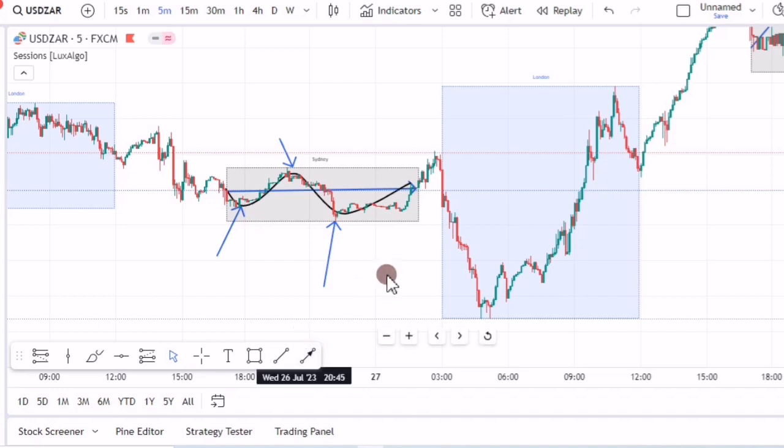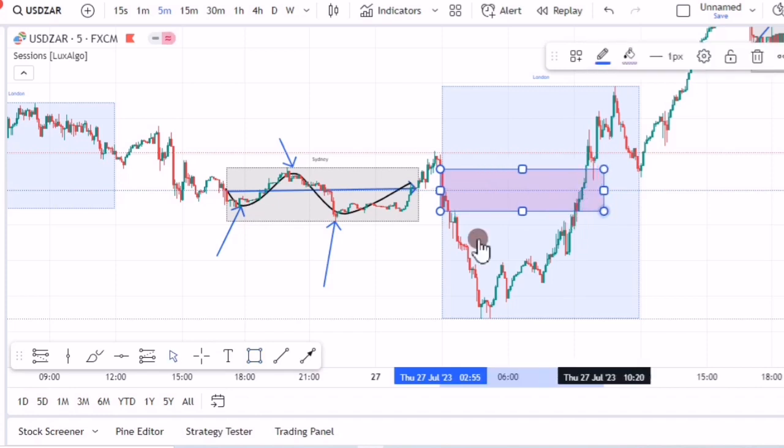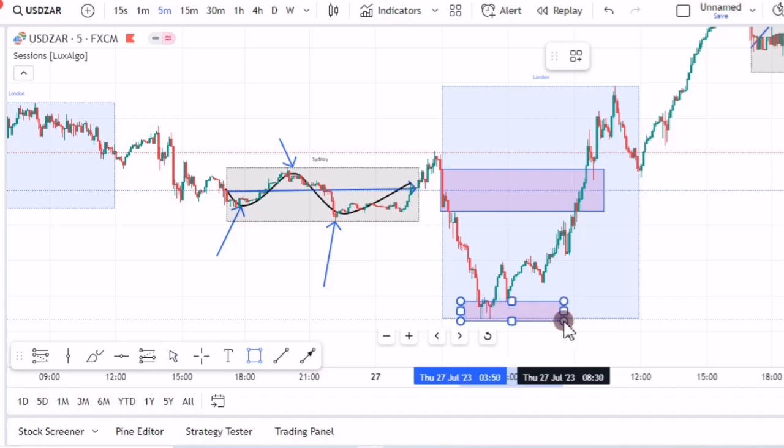So you see price starting by dropping, and when price makes that pullback, you mark the entry point, because the entry point is very important. You highlight it as a key level, and then price drops, and when price pulls up, you mark this second key level.